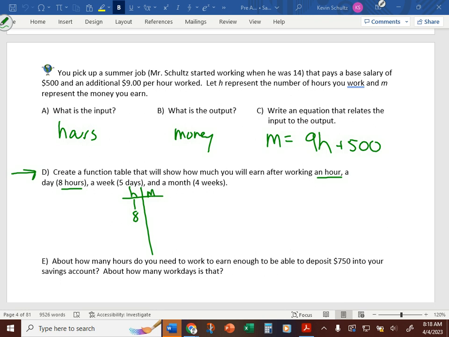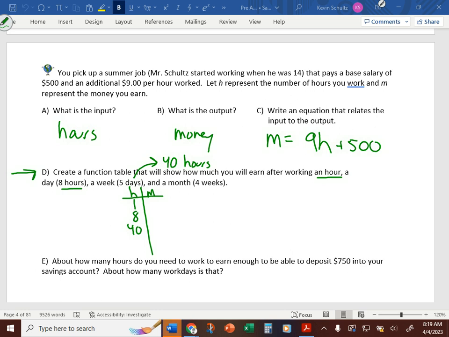Why 40? Right. Since our equation is in the unit of hours, if I ask for 5 days, well, 5 days is equal to 40 hours. Because each day is 8 hours. Right? So you're not going to be plugging in 5 here, you're going to be plugging in 40. That's how many hours you work.